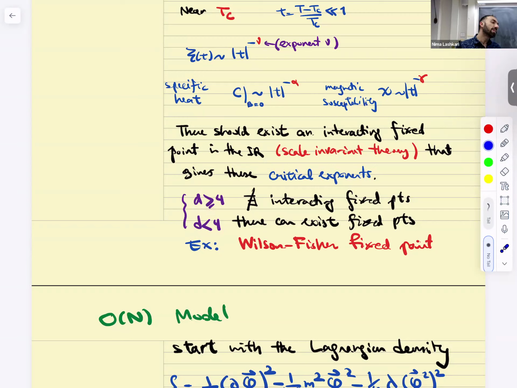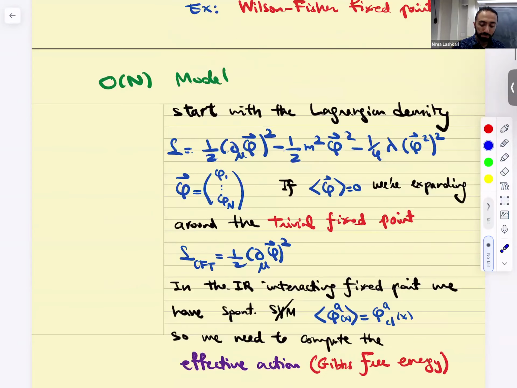Indeed, in D equal 4 and higher dimensions, we showed that at least the real scalar field doesn't have interacting fixed points. But in D less than 4, they could exist. And as an example, we studied the Wilson-Fisher fixed point. So I'm just reminding you what the Wilson-Fisher fixed point was.